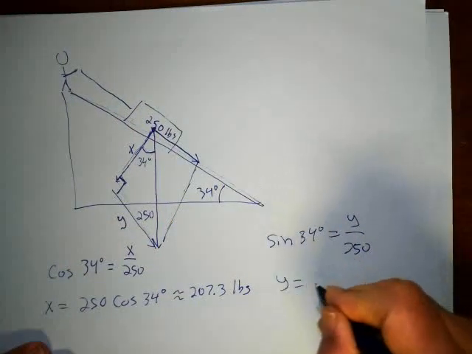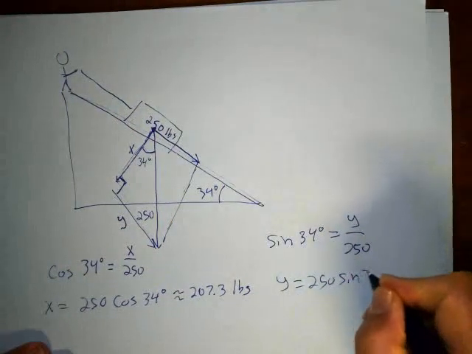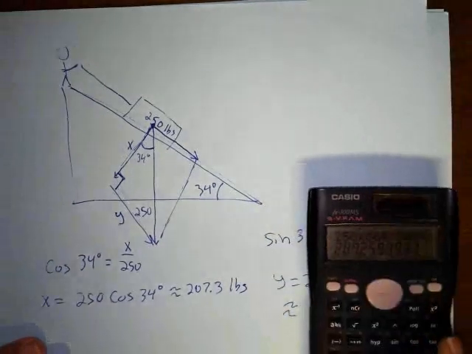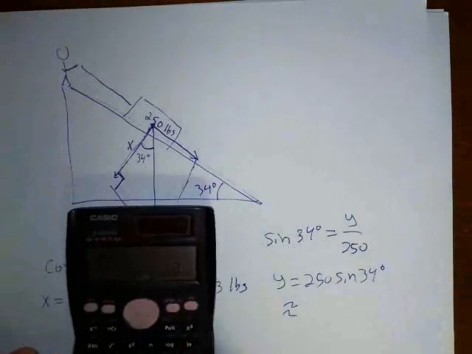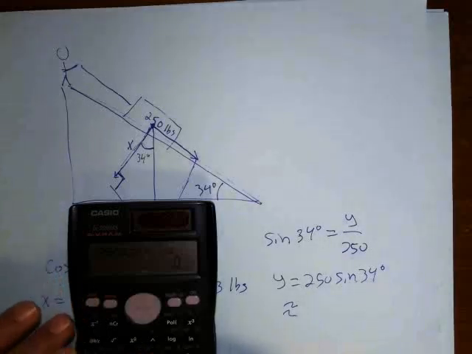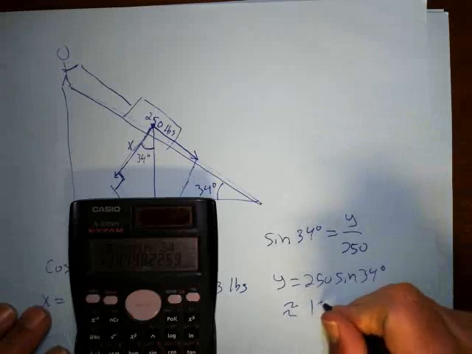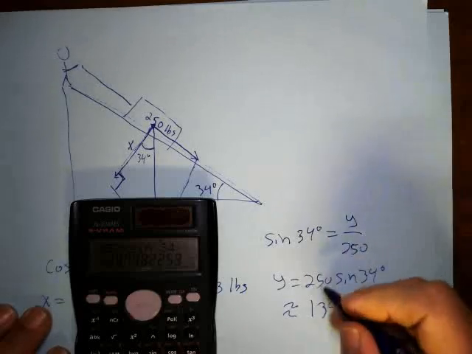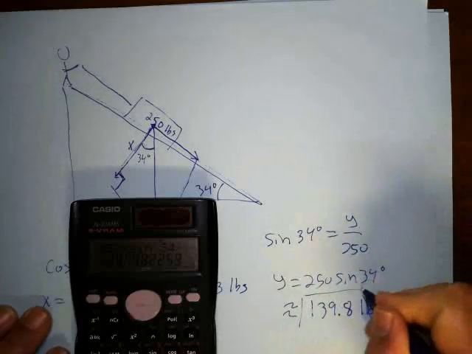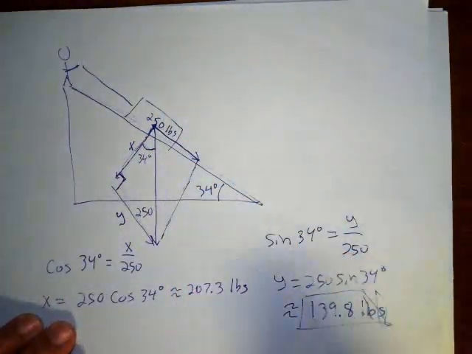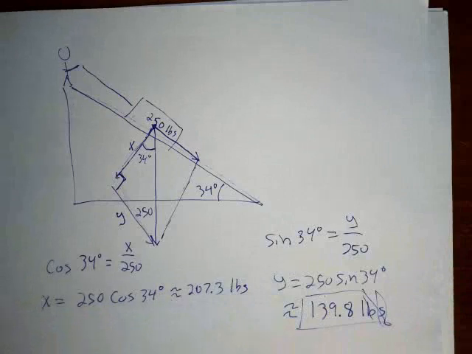And so y is equal to 250 times the sine of 34 degrees, and I get 139.8 pounds if I round to the nearest tenth of a pound. So this would be the amount of weight this guy would have to counteract in order to hold that 250 pound weight in place on the ramp.